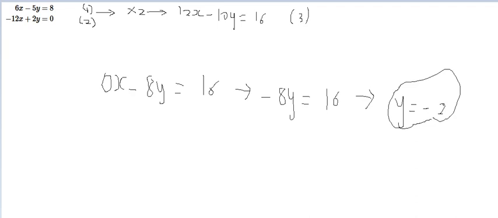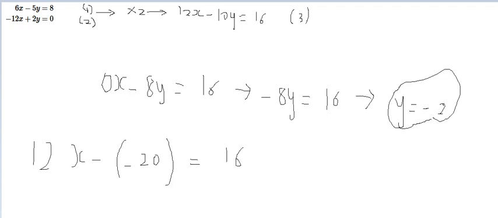Now that we've done the majority, the elimination part, and solved for y, we can substitute the value of y into any of these equations. Let's try equation 3: 12x minus 10y, where y is minus 2, so 10 times minus 2 gives minus 20, equal to 16.